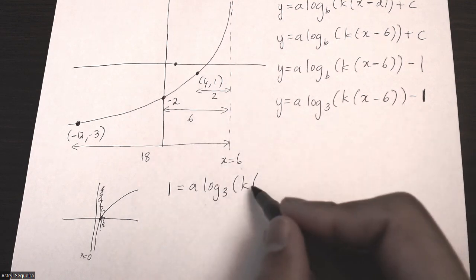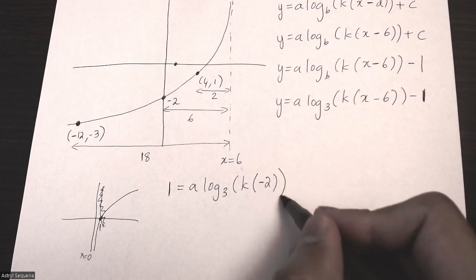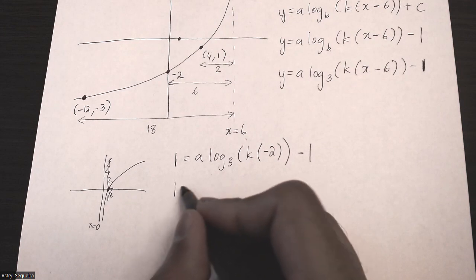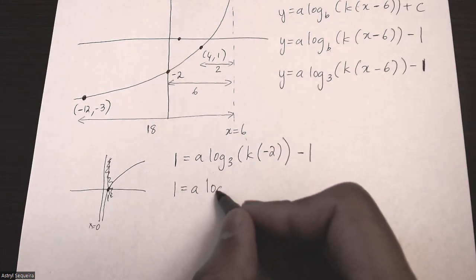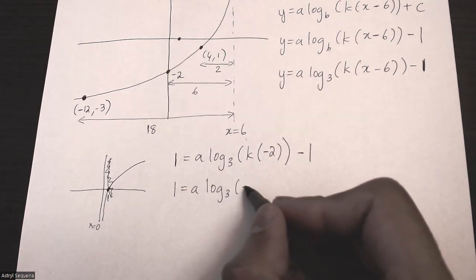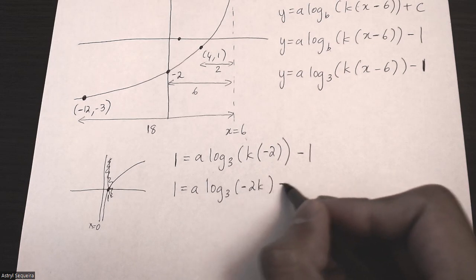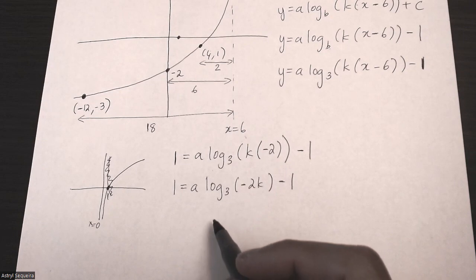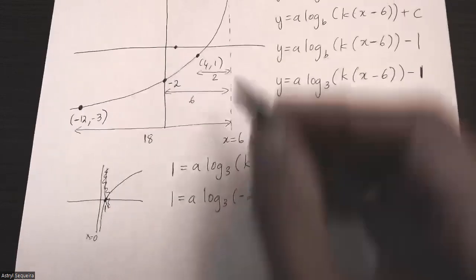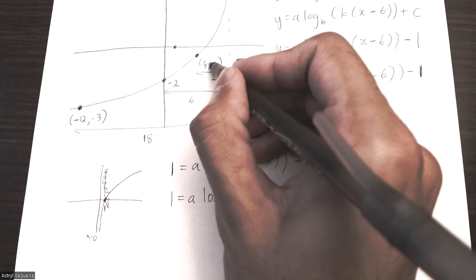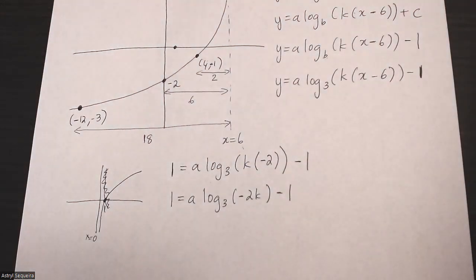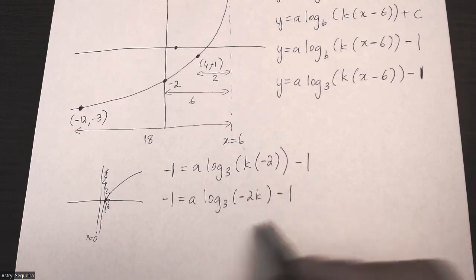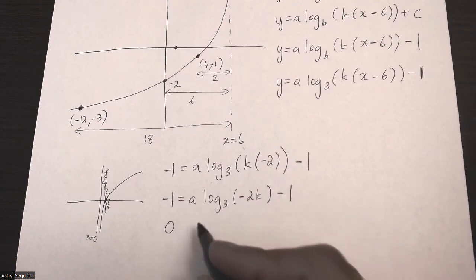So 4 minus 6 is negative 2, minus 1. And simplify this a bit, log 3 of negative 2k minus 1. And if I move the negative 1 to this side, it just becomes, oh, I labeled this point wrong. That's a negative 1, by the way. It's below the axis. This is actually negative 1, negative 1. This is going to become 0.